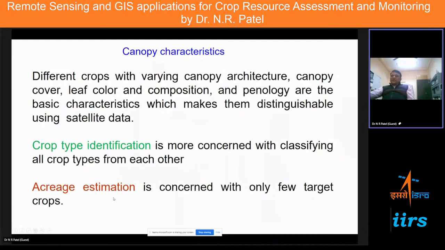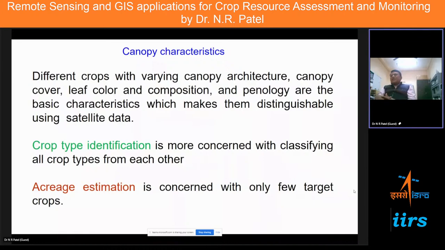But acreage estimation is concerned with only a few target crops. That means suppose your interest is in acreage estimation of only the wheat crop in Bhopal district of Madhya Pradesh. Then what will you do? You will acquire satellite data, and the acquisition time of satellite data, the ground truth campaign and other research methods, your whole methodology of acreage estimation, you will focus on the wheat crop.